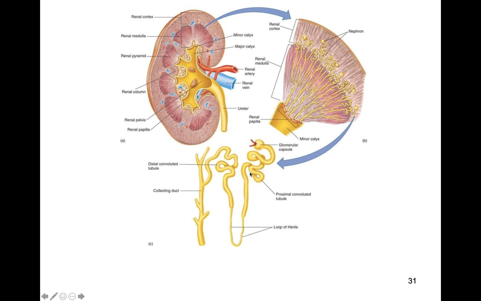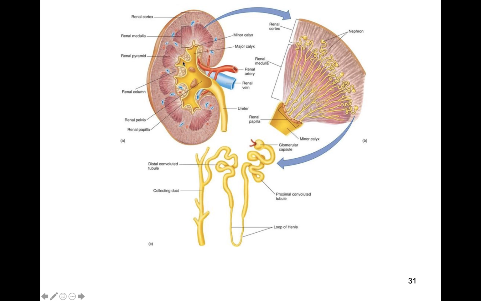So it went through all these steps. We had filtration, we had reabsorption, we had tubular secretion, and then it came into the collecting duct, and then it went out through the collecting duct, which is right here, and it entered this part here, that's called the renal papilla.